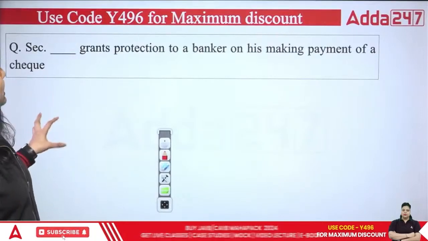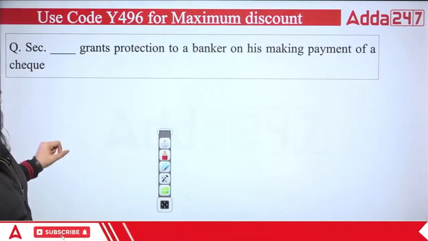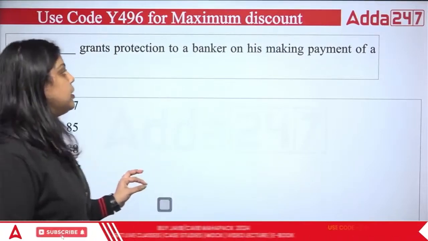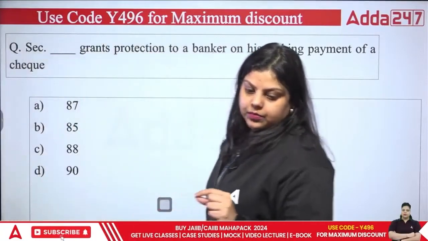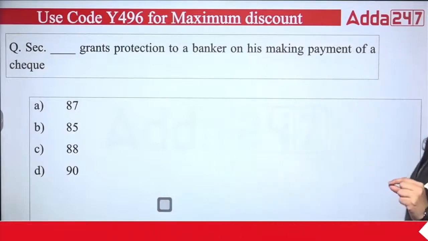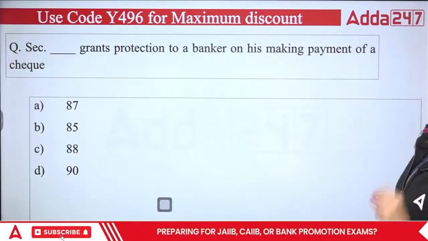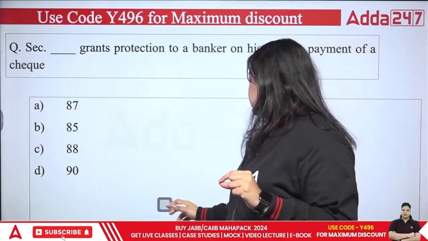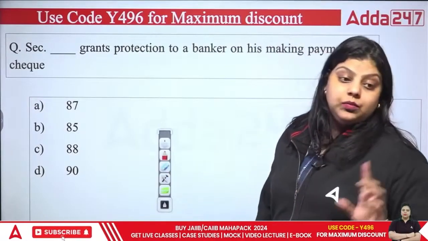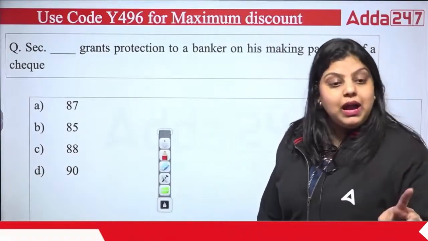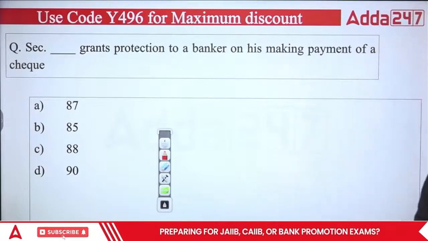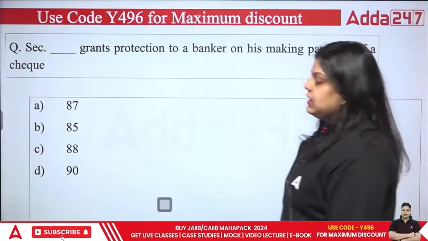Now, section dash grants protection to a banker on his making payment of a check. So which section grants protection to a banker on his making payment of a check? Section 85, 87, 88, 90. Which section is it? Protection to the banker on his making payment of a check is granted under section 85.